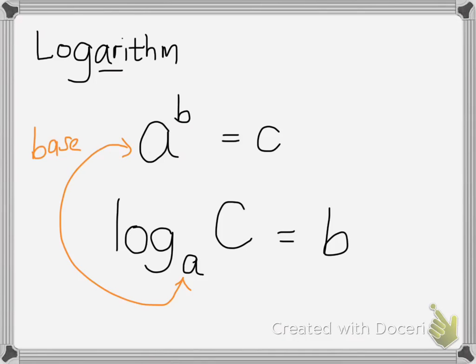And in logarithmic form, in this log form, you write a as a subscript. You write log, and then that a is a subscript. A subscript is just a small little letter or number underneath. I will go through the calculator later. You may need to use a calculator on this.